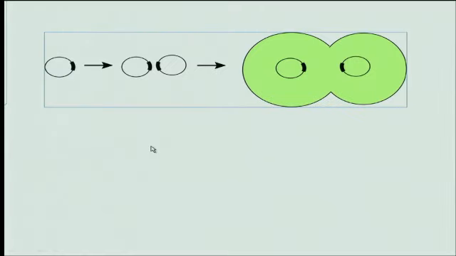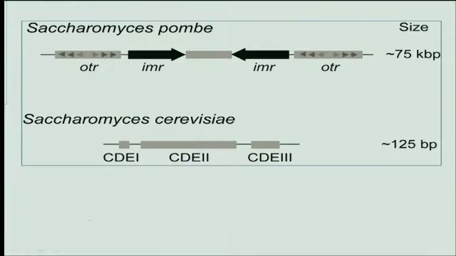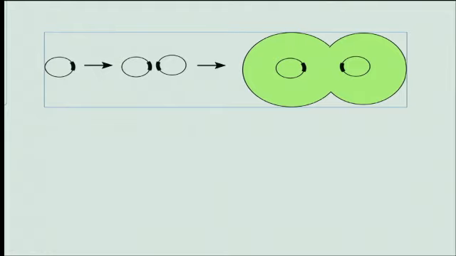Now if you look at the plasmid, I told you it also has a partitioning locus. And this we call STB. And normally there are multiple copies of the plasmid.